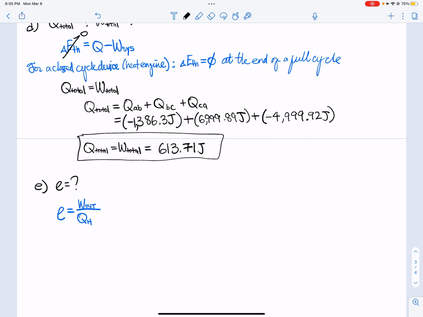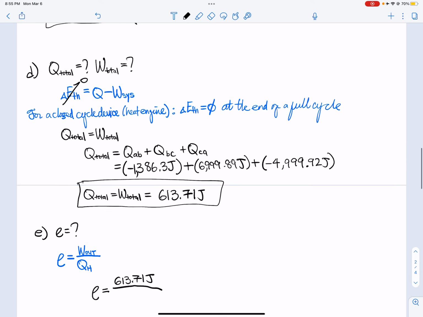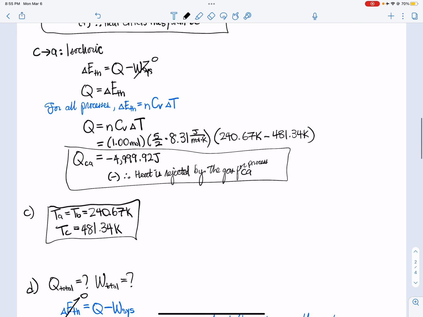And work out is the total work done by the system for each cycle, per cycle, okay? And we got that up here. We calculated that in part D. So the efficiency is equal to 613.71 joules divided by QH. What is the hot heat transfer?